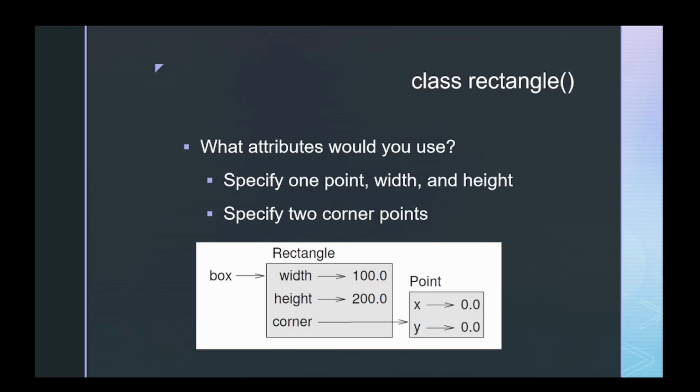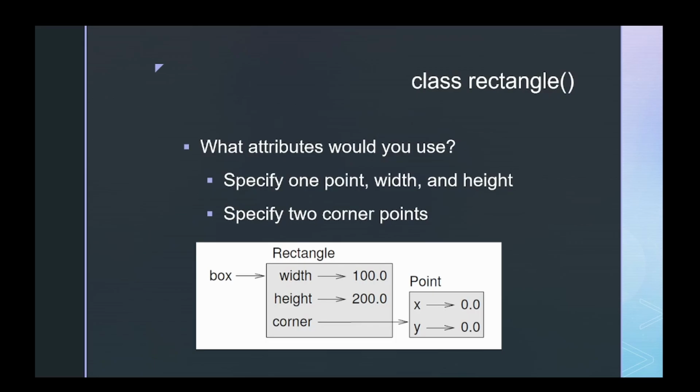Let's try another one. So we are going to look at a class Rectangle. Now we did the Point, which is cool, but if we were to identify a rectangle, what attributes would you use? So there's a few different ways we can do this. We can specify a single point and then a width and a height, or we could specify 2 corner points.